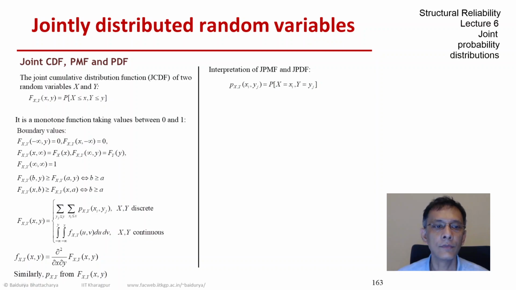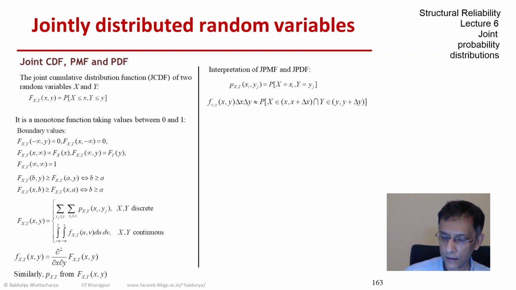We now move on to the mass function and density function in a little more detail. The mass function is the joint probability that the random variables take on particular values. So p of x comma y is the probability of the intersection that X is equal to xi and Y is equal to yj, and that would be the interpretation of the joint probability mass function.